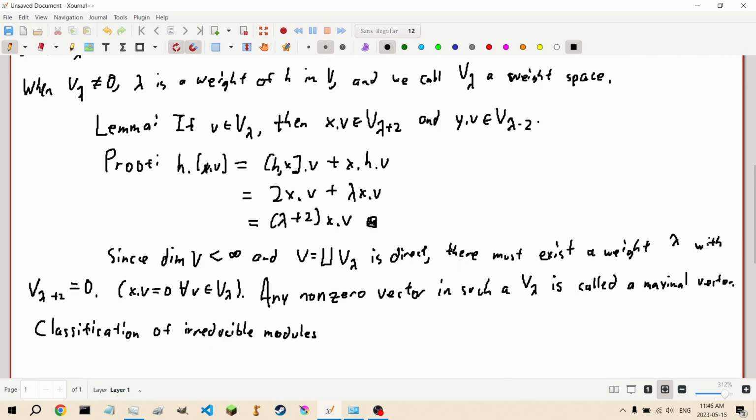Now, assume that V is an irreducible L module.